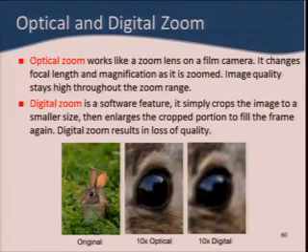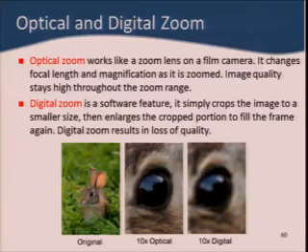Whereas with optical zoom, by changing the focal length, you can change the object size in the captured images, and the image quality will still remain high throughout the different zooming operations. Whereas digital zoom, for example, if you select a particular region to zoom in on, you crop this region, and then it uses some image processing algorithm to fill in the missing pixels.